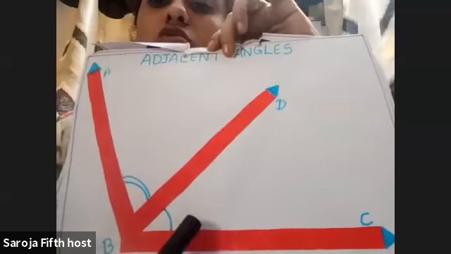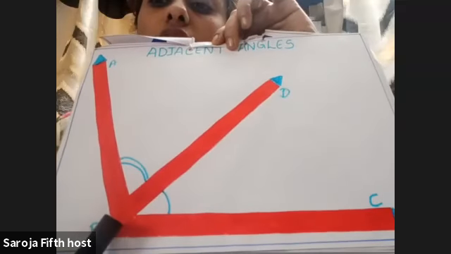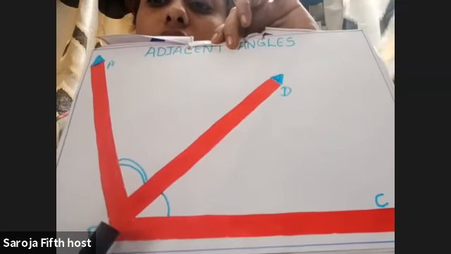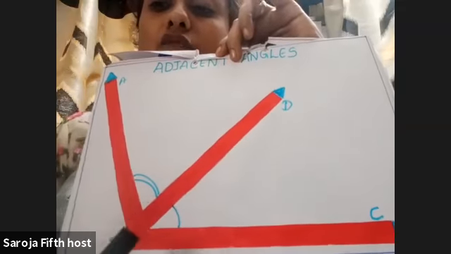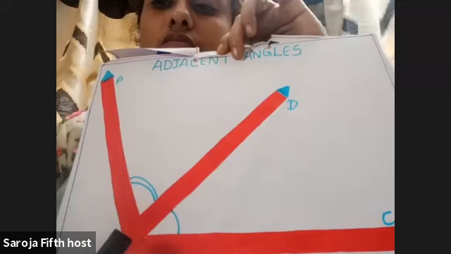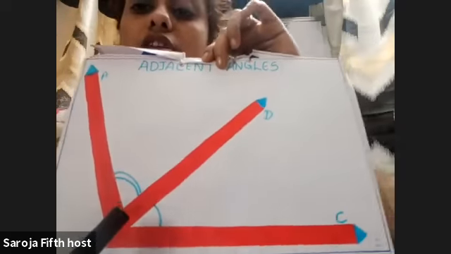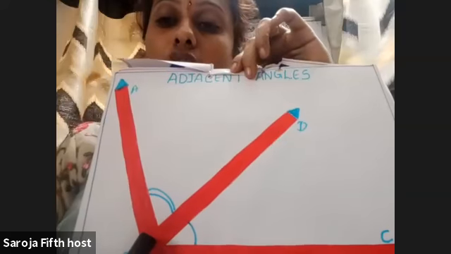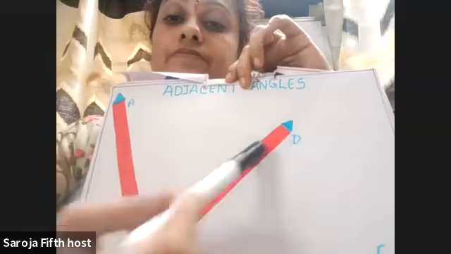I will explain. These two are adjacent angles. They have a common vertex B. From this vertex B only, both the angles are formed, right? Yes, ma'am. The first condition is they should have a common vertex and a common arm.